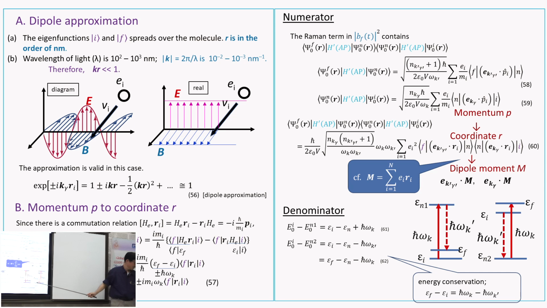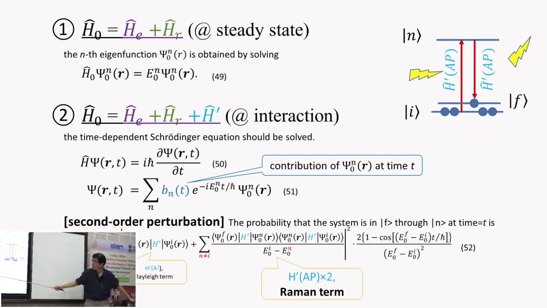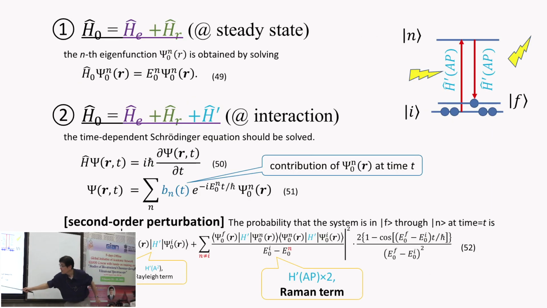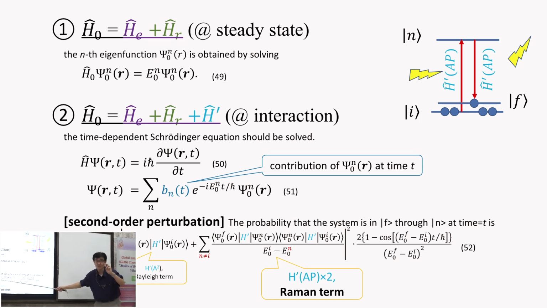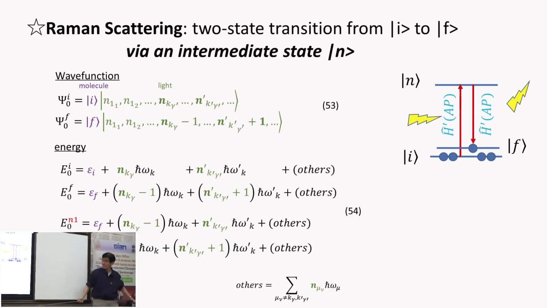In the first term, Ei minus En, and I explained there are two intermediate states, N1, N2. So Ei minus En1, Ei minus En2. Two possibilities should be considered.